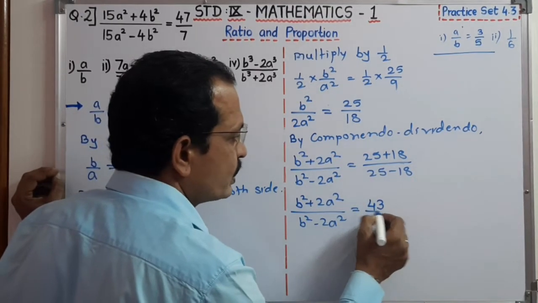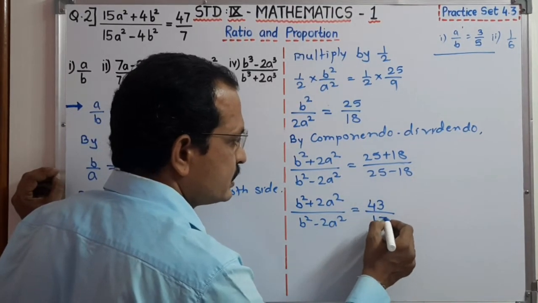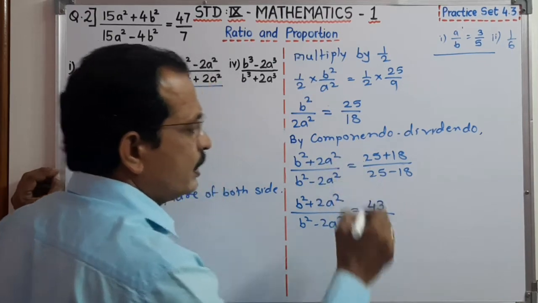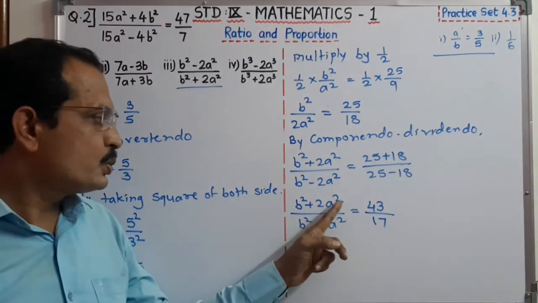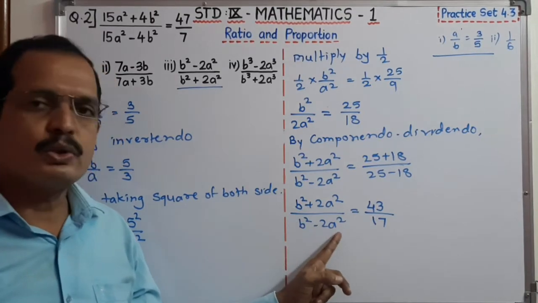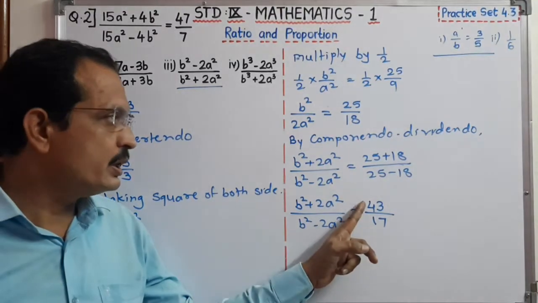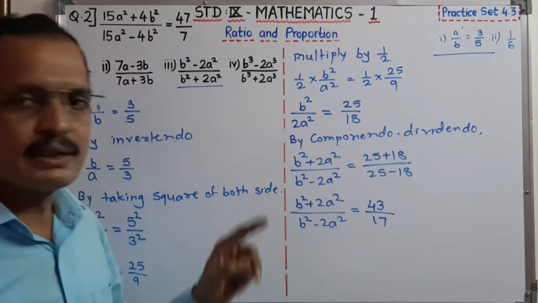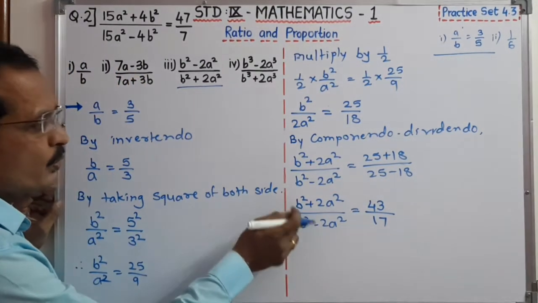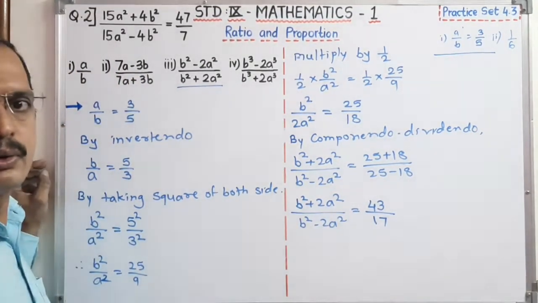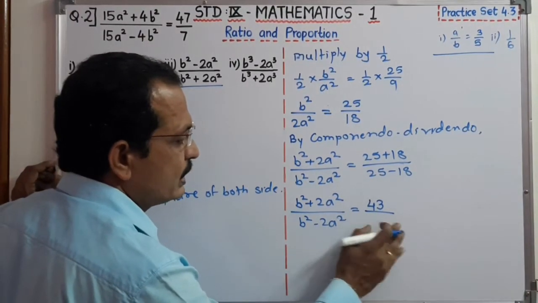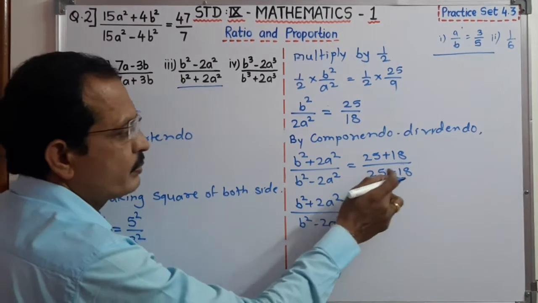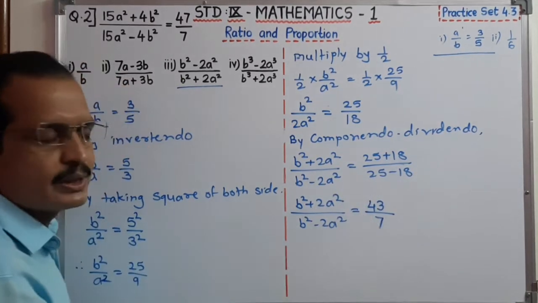It is 43 and it is 17. Sorry, dear student, 25 minus 18 is equal to 7, only 7. So b square plus 2a square upon b square minus 2a square is equal to 43 upon 7.